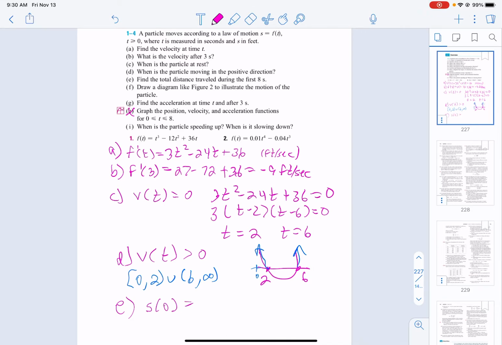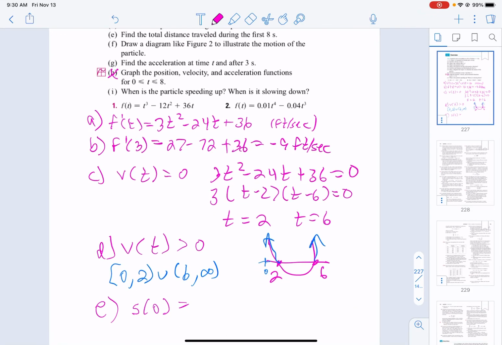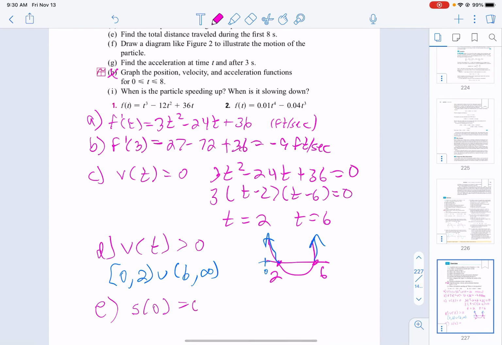I'm calling it S, so you can think about position. If we plug in 0, we're going to get 0. So the starting position was 0. And at time 2, it's going to be 32. So from time 0 to time 2, it has traveled 32 feet.